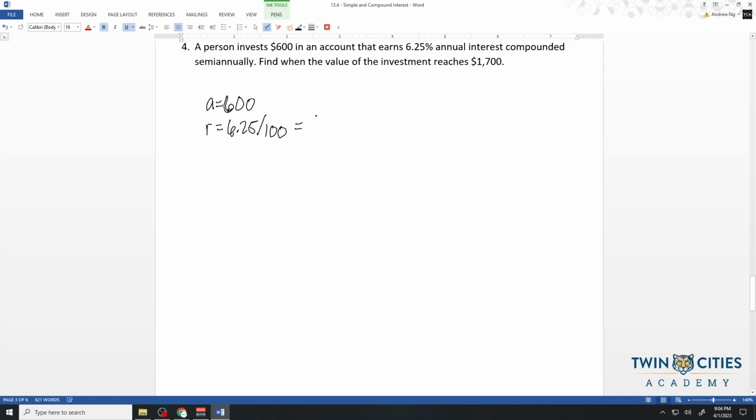So this is 0.0625. And then N is how many times I'm compounding per year. So N equals 2. All right, let's put this all together.